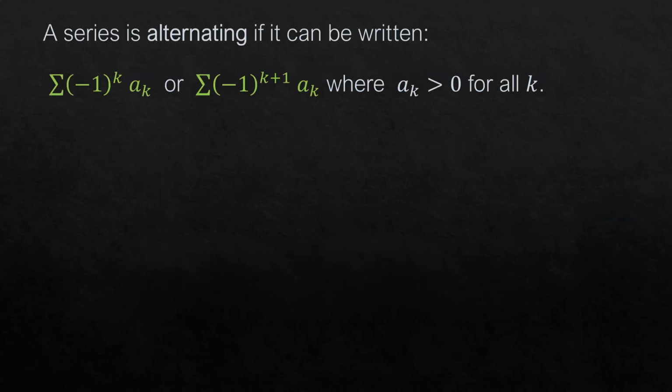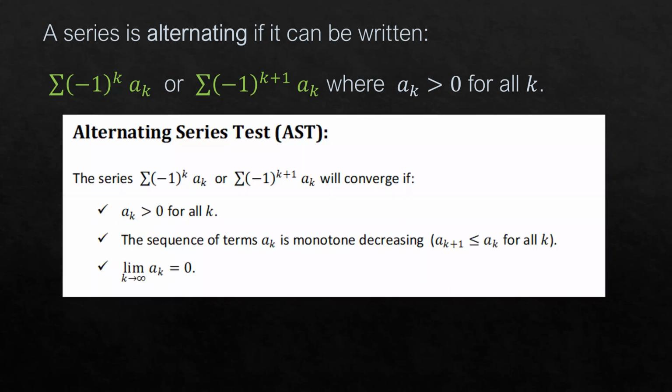Now, a strictly alternating series, where the signs strictly alternate, has the form (-1)^k times a_k, or (-1)^(k+1) times a_k. Well, what's the difference? If you're going to start with a negative term or a positive term, that's the big difference. Okay.